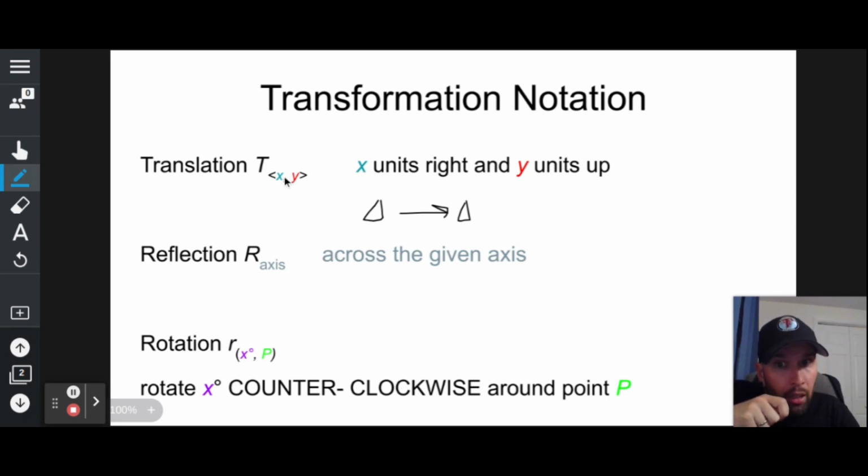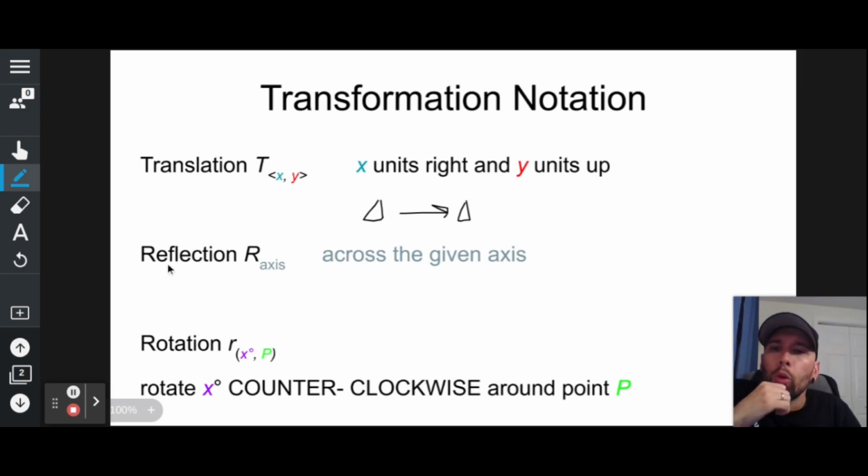If it was negative, you'd move left. The second number tells you how many units you move up. If it was negative, you move down. Okay, now we'll look at examples in the next page or slide. But that's what a translation looks like. T with the little less than symbol, a number, another number, greater than symbol. Okay, I thought I had that backwards for a second there.